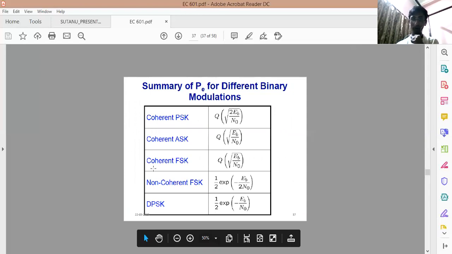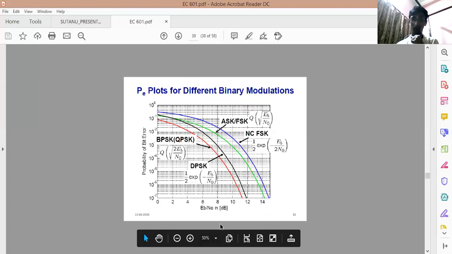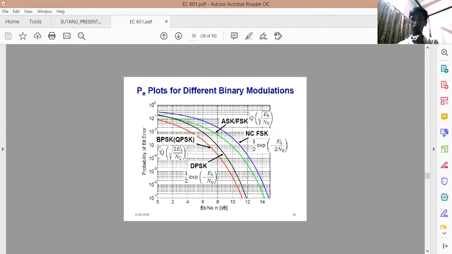If you compare them, you will get the exact probability distribution in terms of PSK, ASK, FSK, non-coherent FSK, DPSK. And everything is written over here in terms of their distribution. Please look at this. Everything is written in terms of Q function.